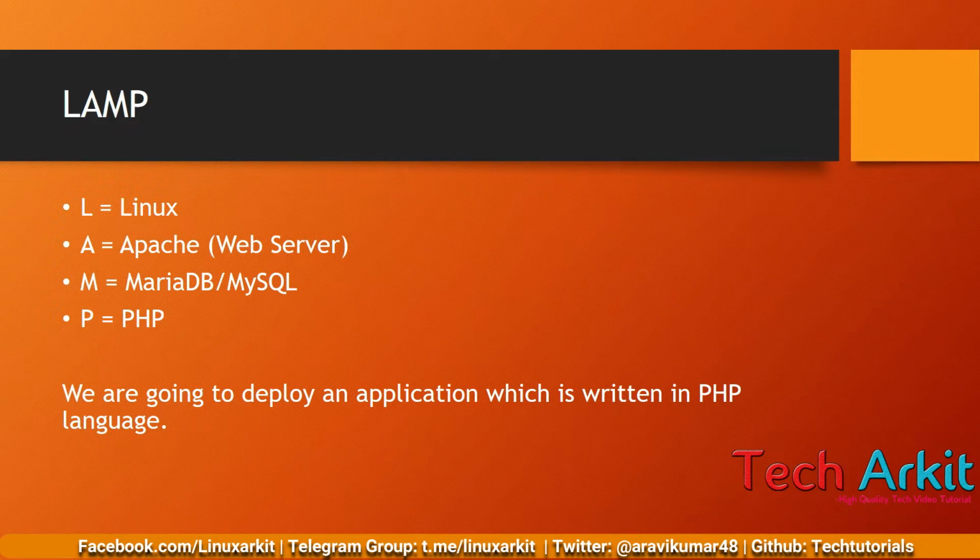Basically MariaDB is the database, and MySQL is also a database, but in older versions like RHEL or CentOS 5 or 6, we have a MySQL database, but from RHEL 7 or CentOS 7 and CentOS 8, MySQL is replaced with MariaDB.